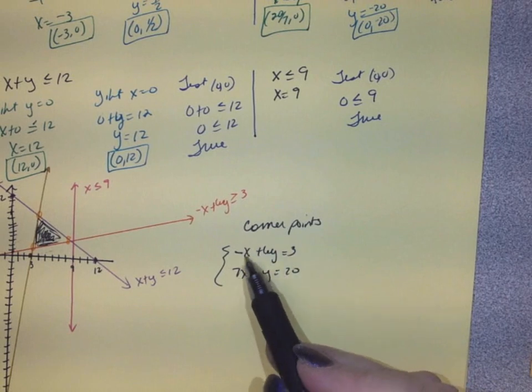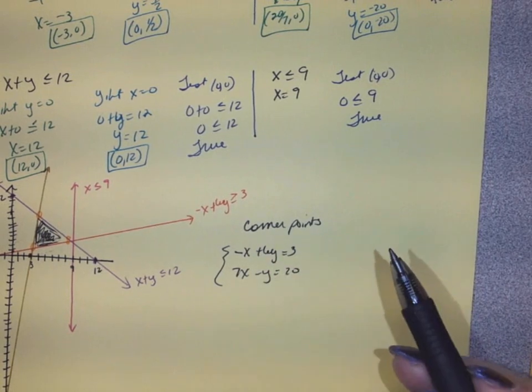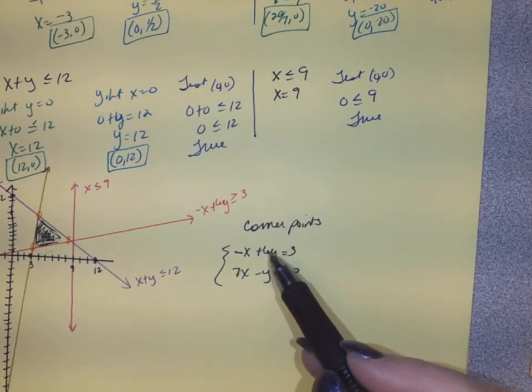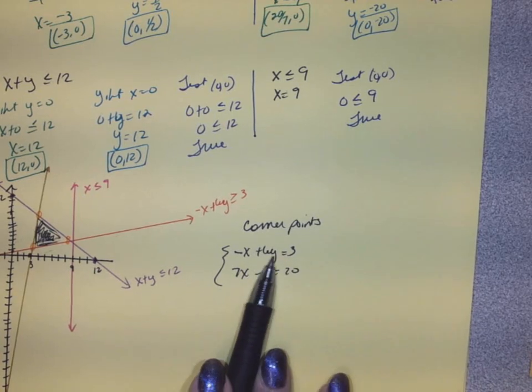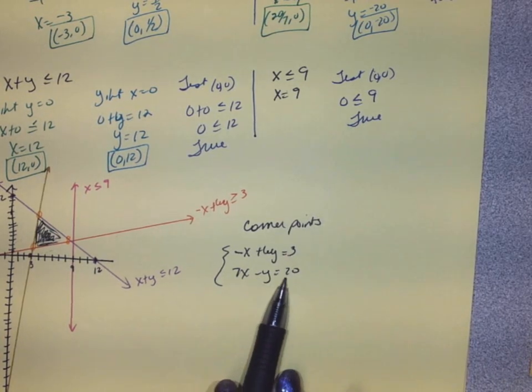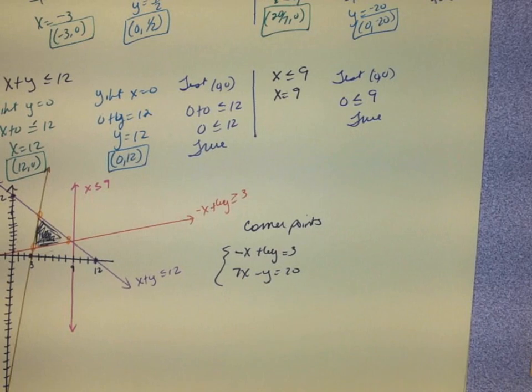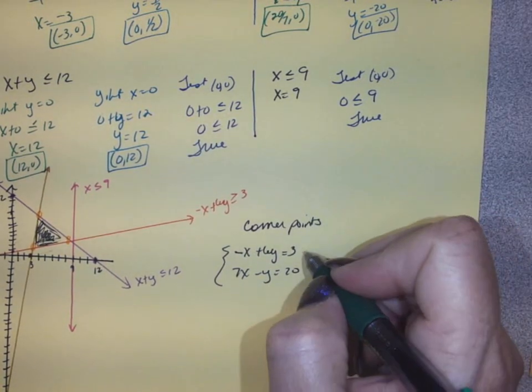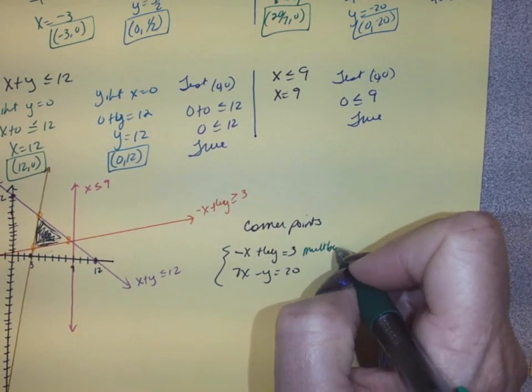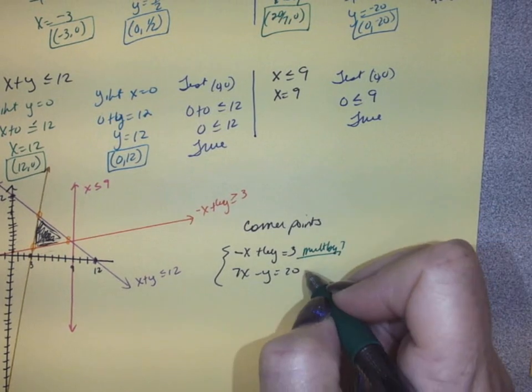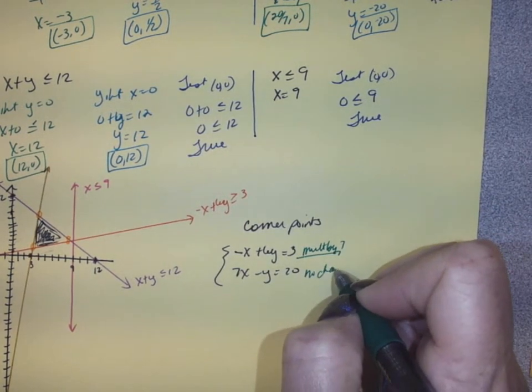All right, so I need to either cancel out x or cancel out y. I think I'm going to multiply by 7 up here because my number is a little bit smaller, and leave this one the same. So we'll multiply by 7, and this one will be no change.